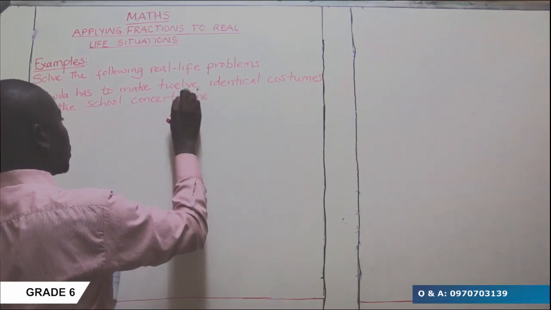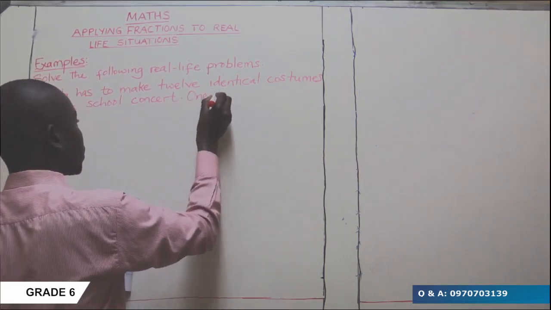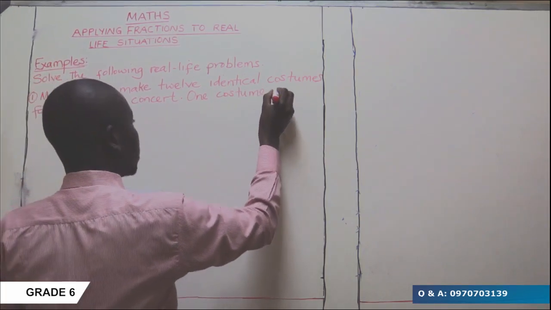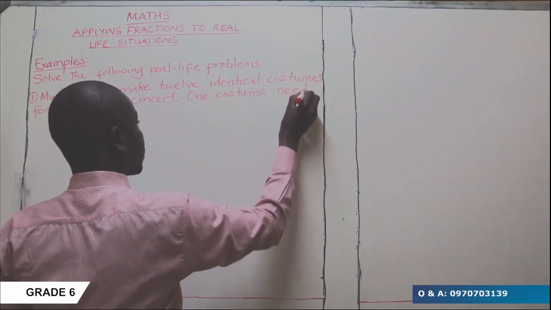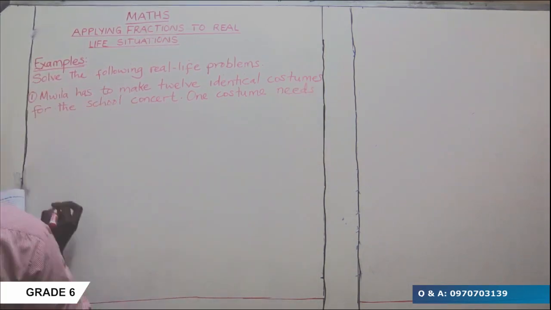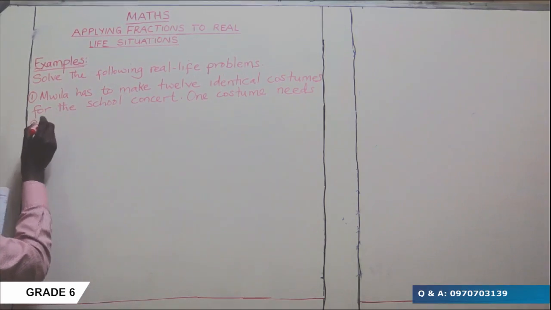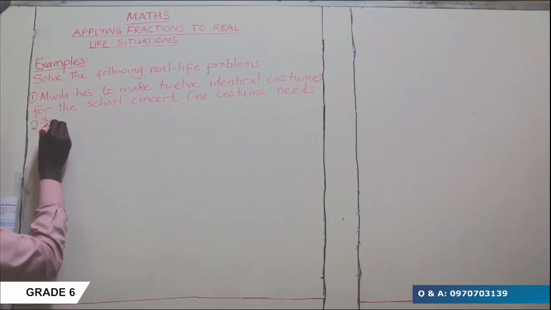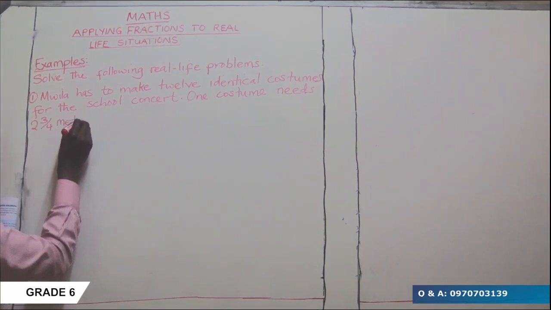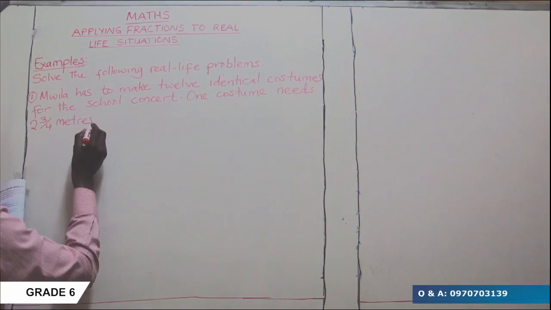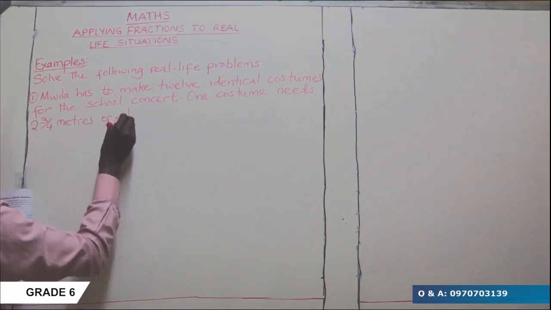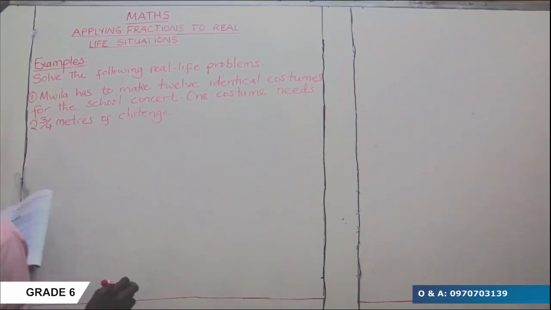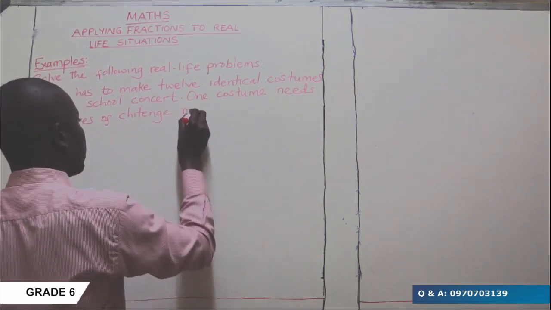One costume needs 3/4 meters of chitenge material.